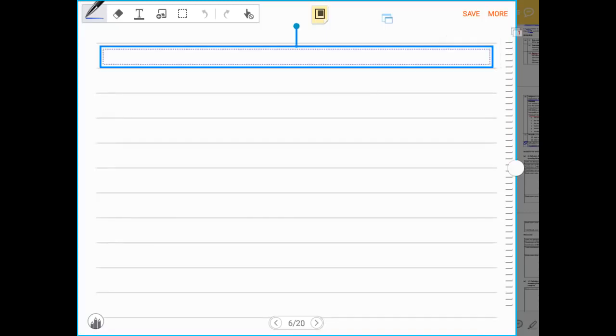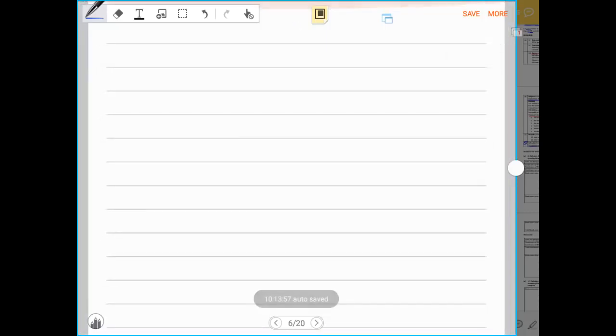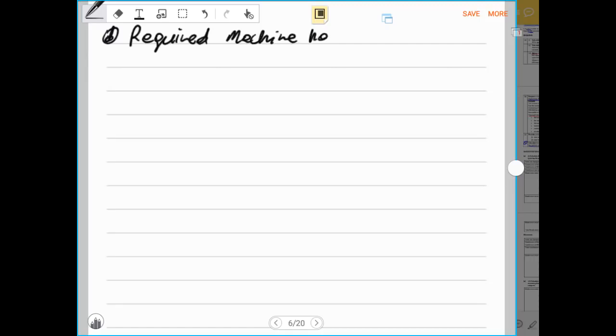So now we are on the last requirement, which is requirement number D. The first thing that we do here is to calculate the required machine hours.